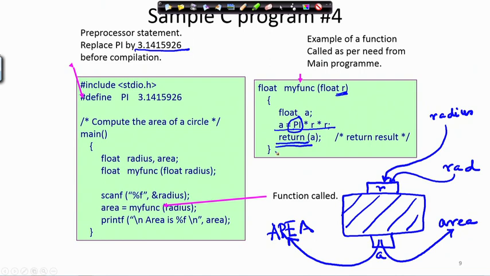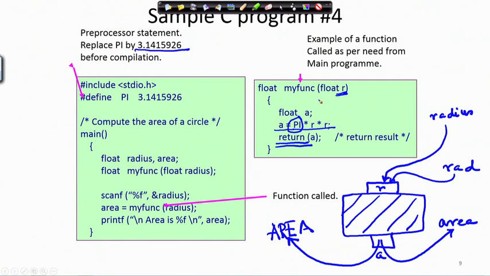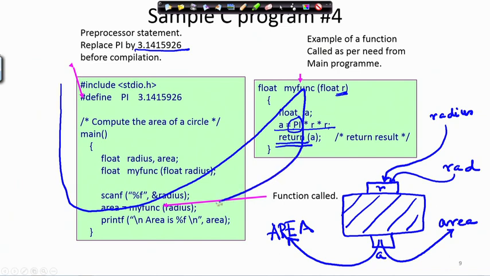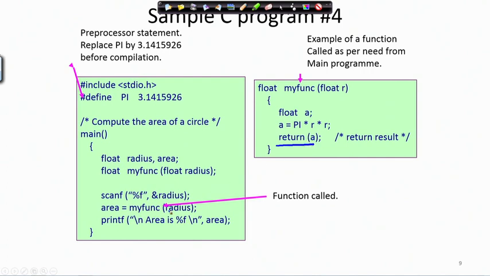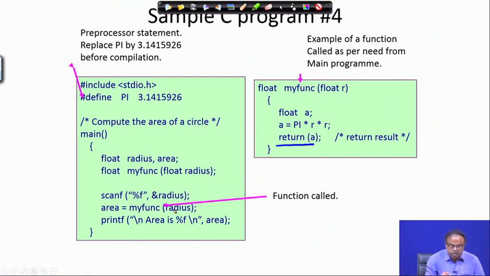Now, this return means where will it return? This is another new word that you are coming across. Return means it is returning to the point from where you were called. The program was going on like this, and from here it called my function. After my function is executed, it will return back to the same point. So, we have come across a new word, return, and return is returning the value A, which is being assigned to my variable area.